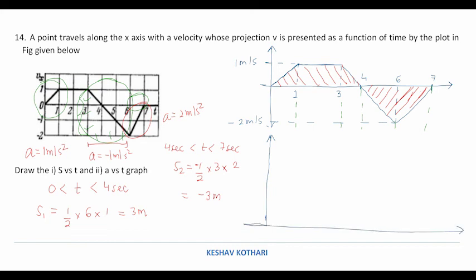The displacement starts from 0, and at 7 seconds the graph is again coming back to 0. But at different points the nature of the curve is going to be different. This is the reason why we have to be very observational about this particular question, because the velocity is playing its game at different times.